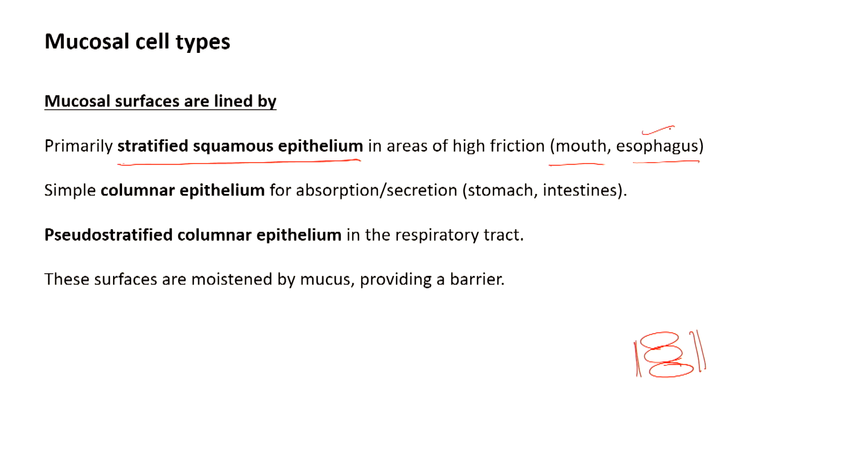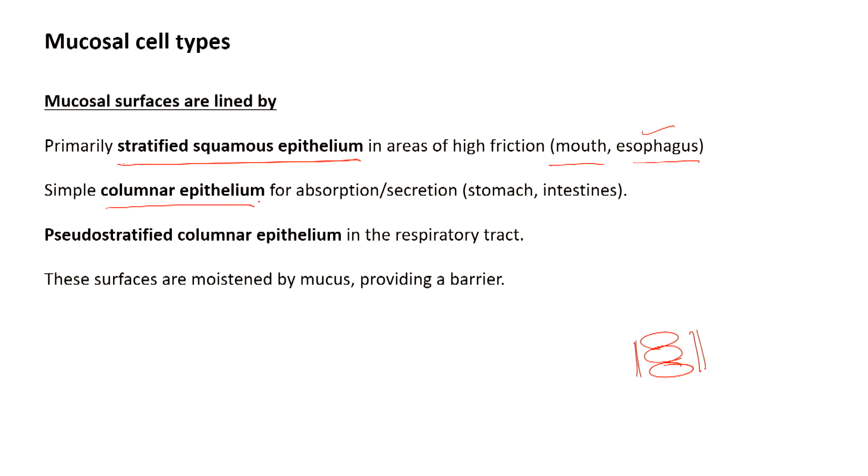Therefore this is also an area where you can find a lot of cells which could be a stratified squamous epithelium. Generally you find those areas where most of the secretions are coming out. Those cells are mostly squamous in nature. Very flat cells, we'll see in a while how these look anatomically.